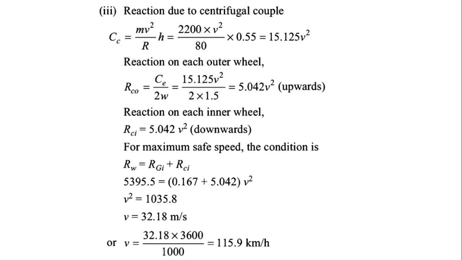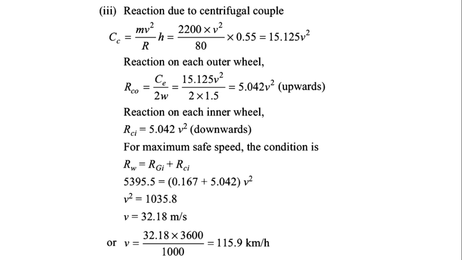From this, the reaction due to the centrifugal couple: Cc is nothing but mv square by R into h. From there you get 15.125 V square, and the reaction on each outer wheel will be equal to Cc divided by 2w. So you get the value as 5.042 V square, upwards.